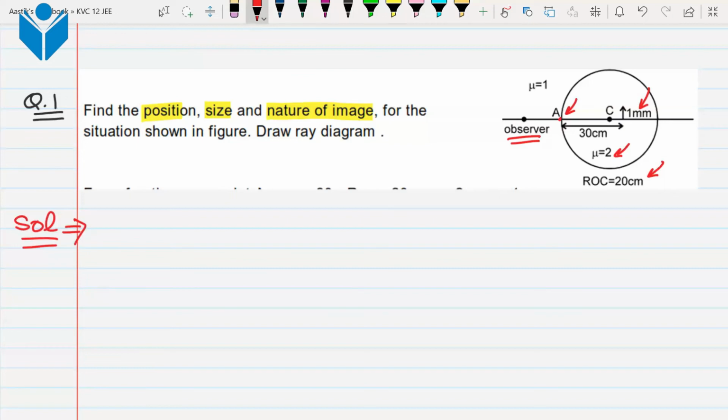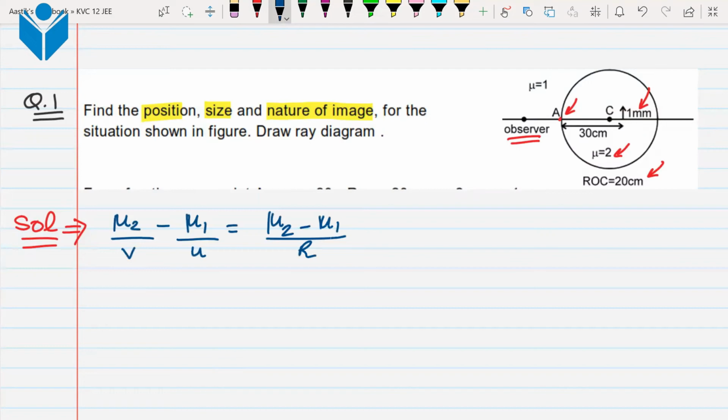Has everyone tried? Shall I solve it? Now again, we apply the formula mu2 by v minus mu1 by u equal to mu2 minus mu1 by r. Do we understand this? Yes or no? I put the values.